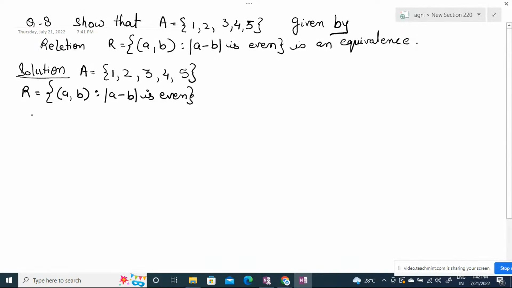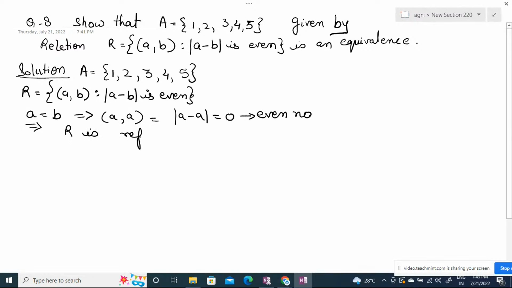If we take A is equal to B, that means an ordered pair like (A, A), and if we solve for that, mod of A minus A is equal to 0. So 0 is an even number. So we can say that R is reflexive.